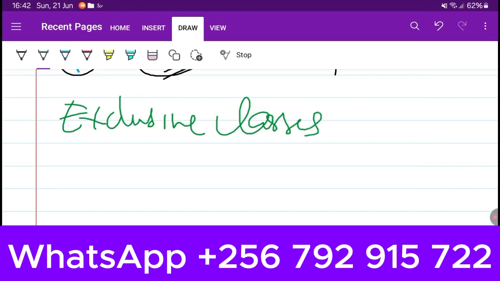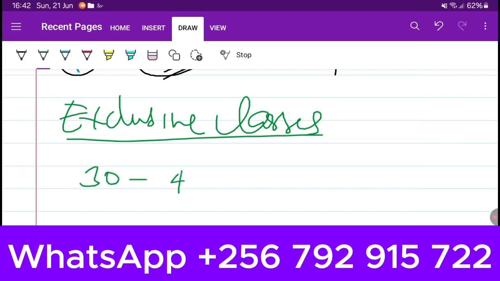So if we are talking about the exclusive classes, maybe we have 30 to 40, then 40 to 50, then maybe 50 to 60.